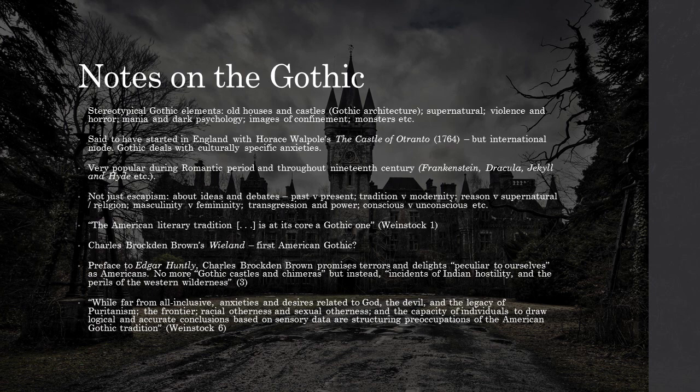Clearly it's about reason and the supernatural, but also reason and religion. If we think back to Charles Brockden Brown's Wieland that we touched on last week, that's very much about religious mania in a Gothic form. It's about gender relations, masculinity and femininity.